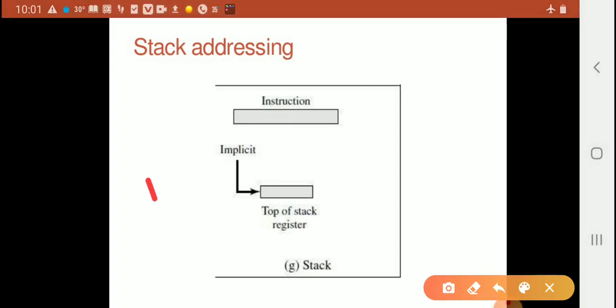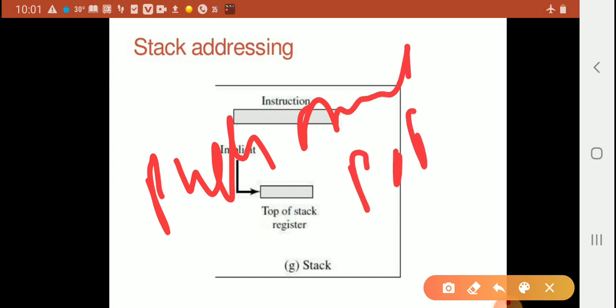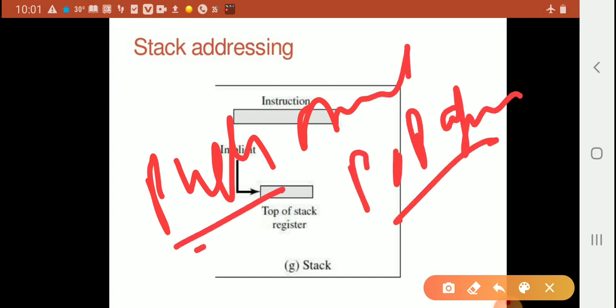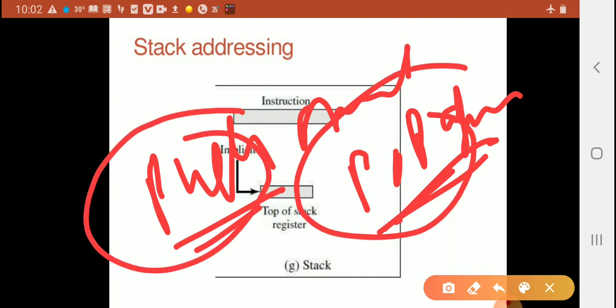That means push and pop operations. The push and pop operations execute the instructions.